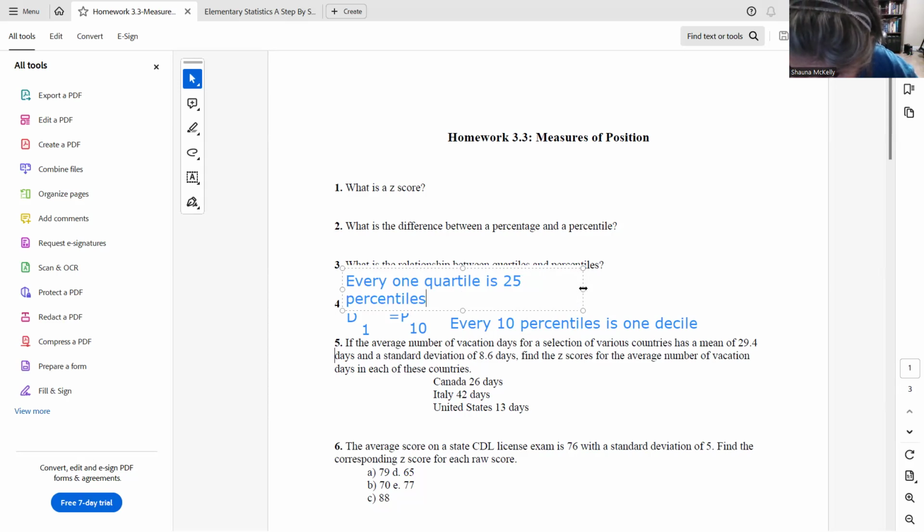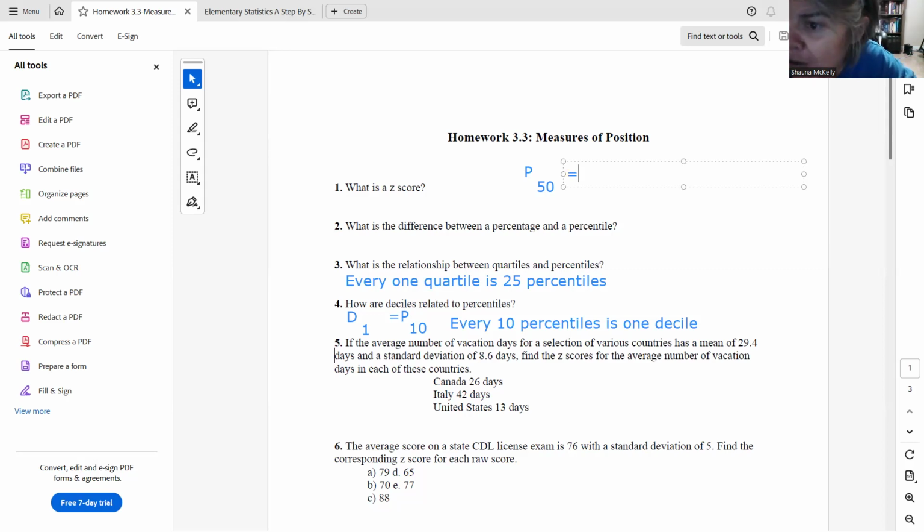Because again, quartiles divided into 4 parts. Now, typically what you're going to see her do is she's going to write something like this. She's going to say P50, so the 50th percentile, right? And then you're going to have to fill in the proper quartile.